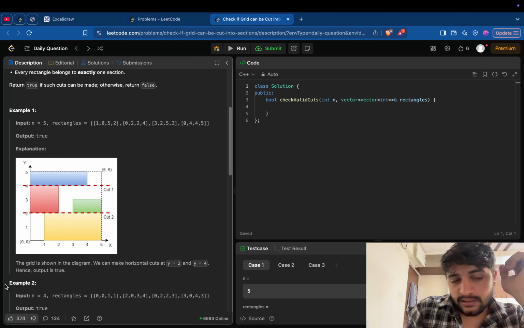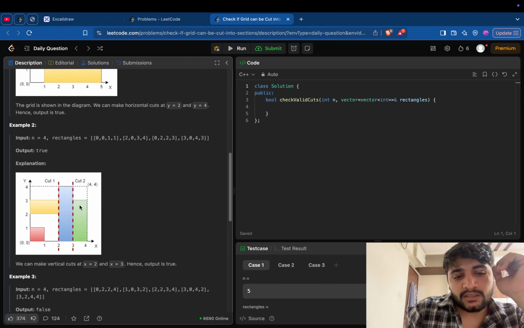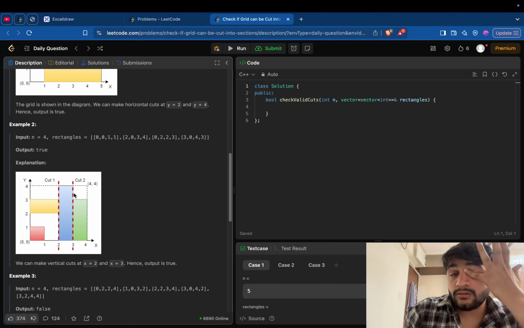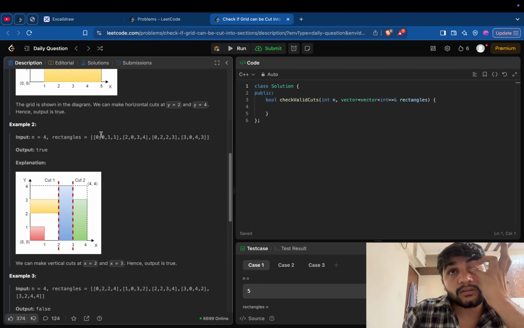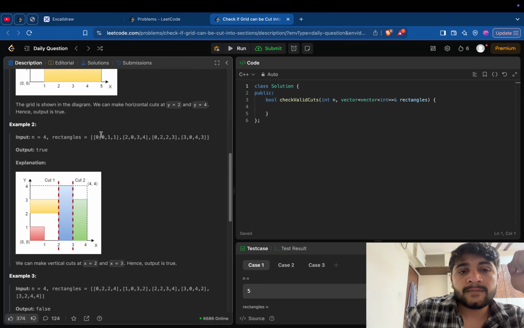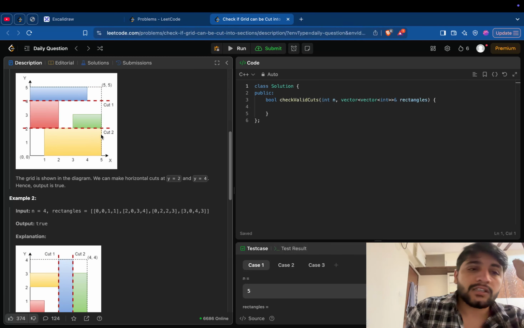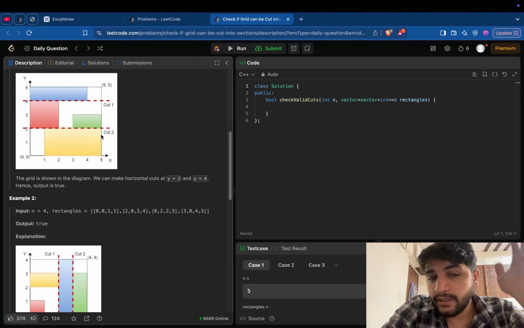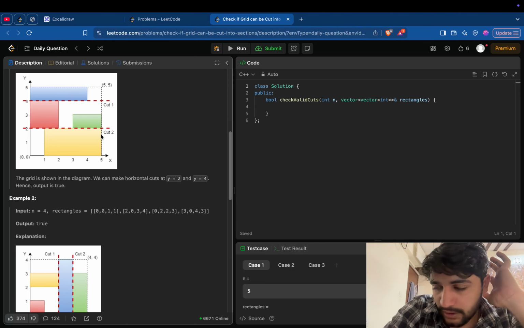In this case the answer is along the x-axis, but in this case the answer is along the y-axis. So we have to consider both situations, where we are checking our answers along the x-axis and the y-axis. Let's just say that initially we are checking through the x-axis, whether we have got an answer or not.